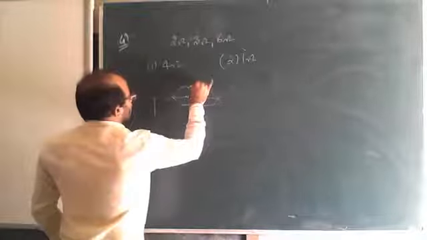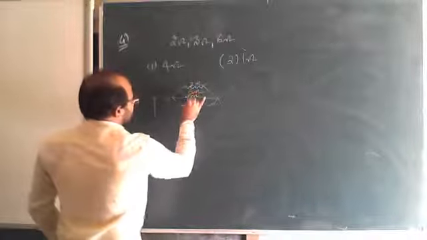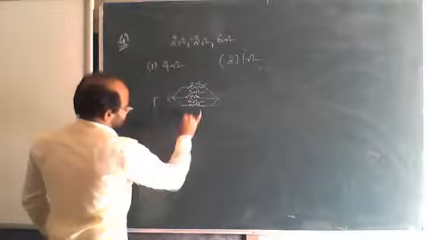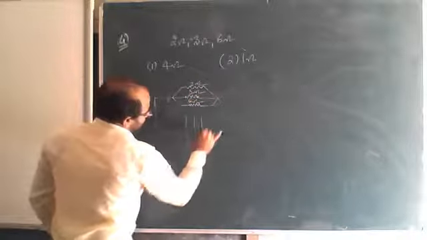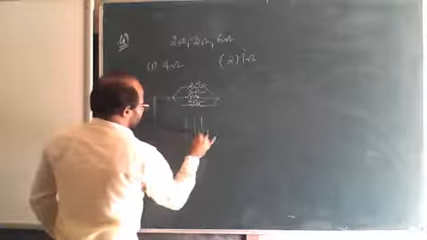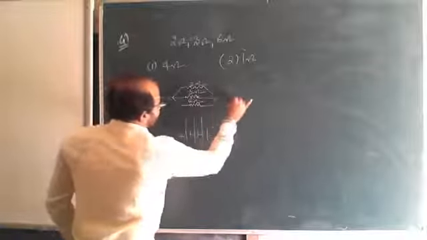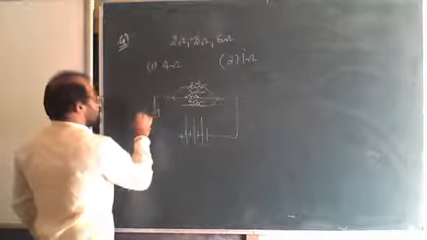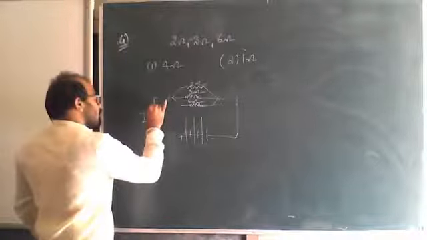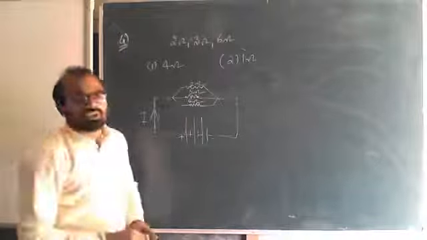If I connected all these, this is 2 ohm, 3 ohm, 6 ohm. If I connect all these in parallel, then I will definitely get it. So this is the flow of current, right?